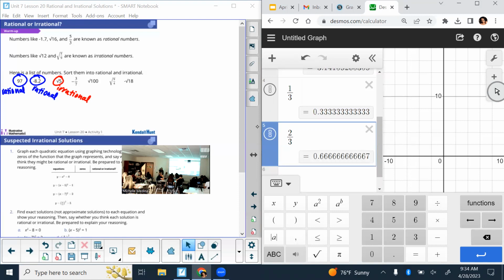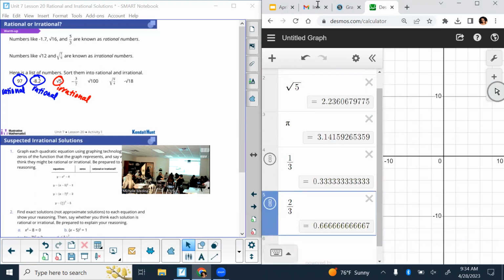It's rational with an R. It's just that the calculator, because it only shows so many numbers, will round the last one, but it is 0.6 repeating, so that one is still rational. It's only if it goes on forever without repeating. Okay, questions on that?